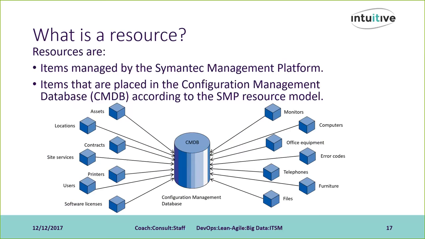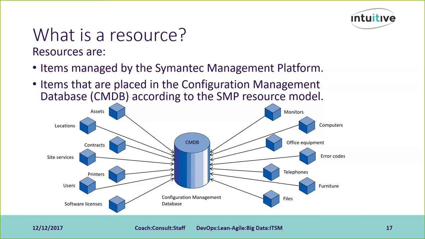These items are specifically stored and tracked in our configuration management database according to our SMP's resource model. So assets such as computers, printers, office equipment, and configuration items such as companies, locations, contracts that we saw earlier, once they're in our CMDB, they're all called resources.